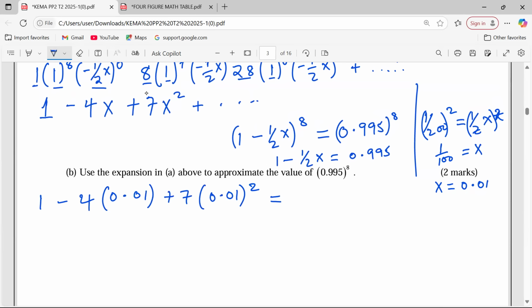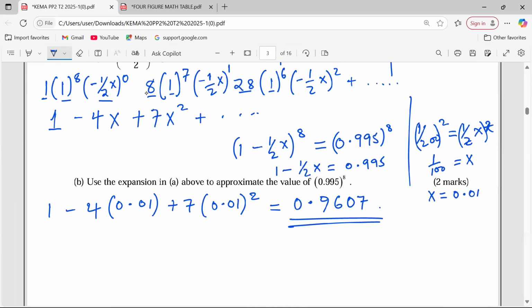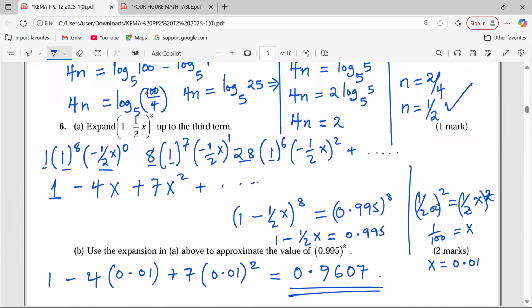Plus 7 into 0.01 squared. This is going to be 0.9607, 4 significant figures. So that is the answer according to the working.